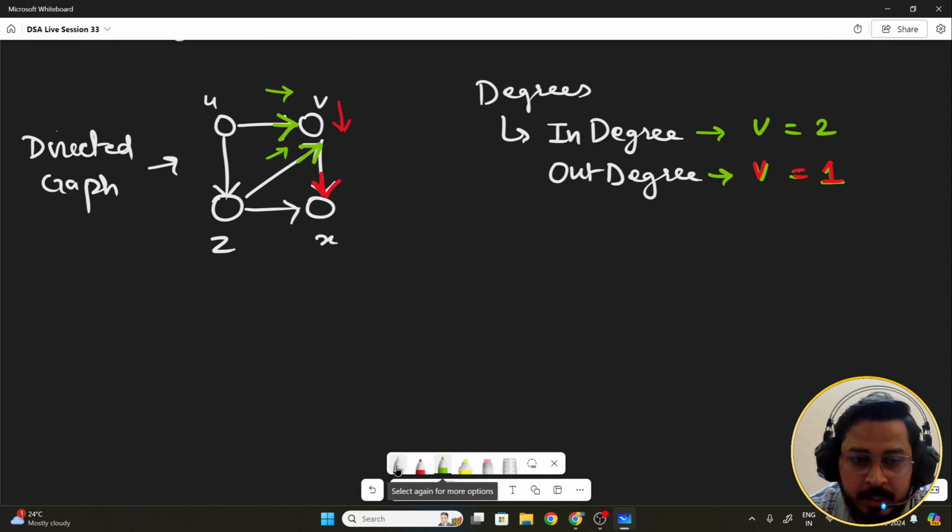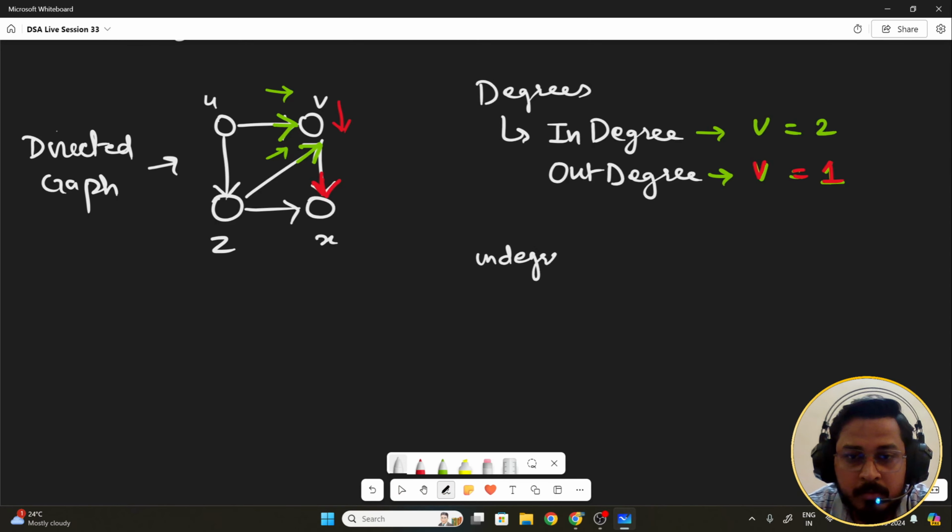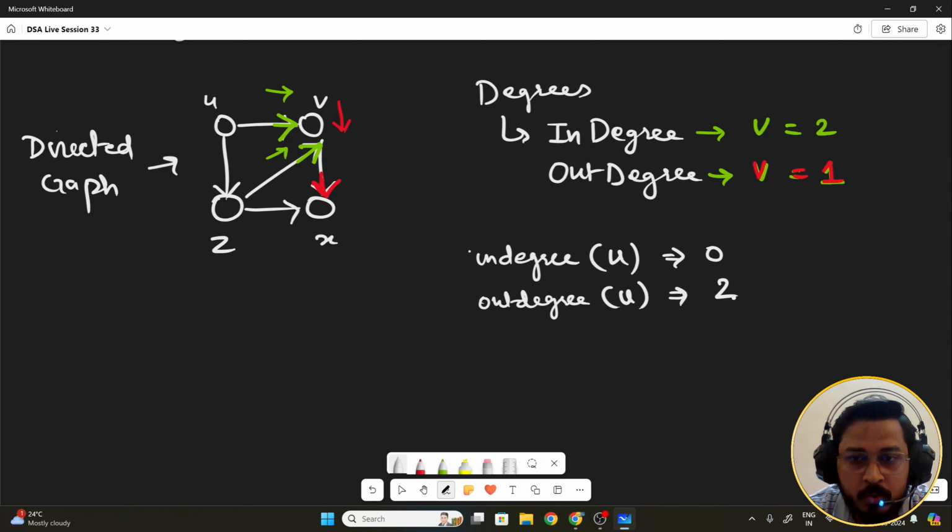Okay. Similarly, if you see for in degree of u, you will say 0. Say out degree of u, you will say 2. Because no edge is going inside u, but only coming out from u.